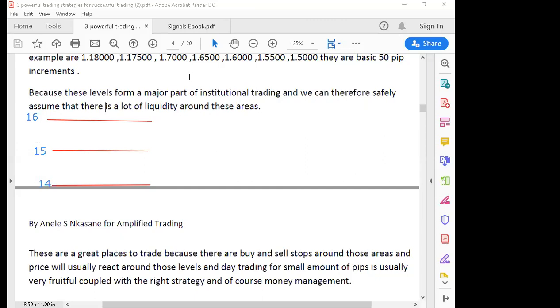Okay. Now, in its basic and most simplest sense, the big figure or the round number acting as a psychological support and resistance means that once price, let's say the United States dollar versus the South African Rand, I mean, I'm pretty sure we've all seen that on the news, and we have this arbitrary number in our heads of what the price of the South African Rand is to the United States dollar, right? Fair price would probably be around 14 Rand.